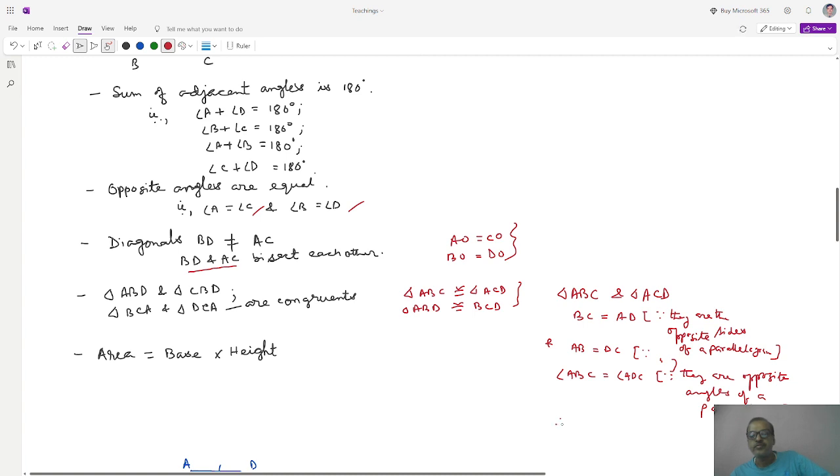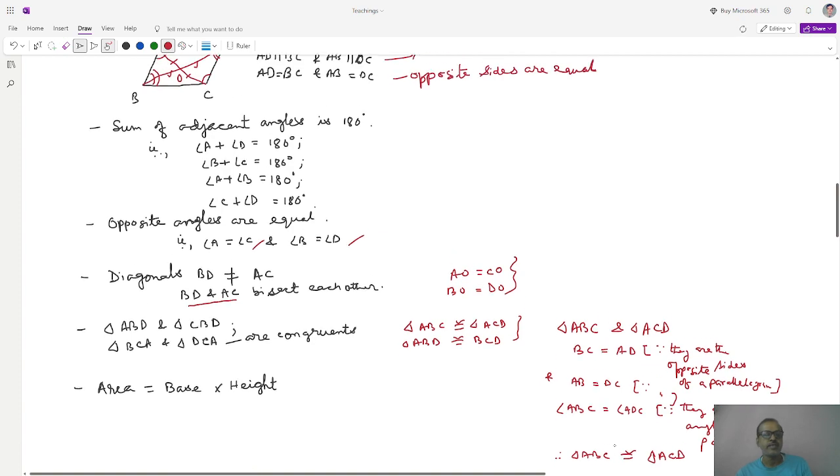Therefore, triangle ABC is congruent to triangle ACD. Understand?